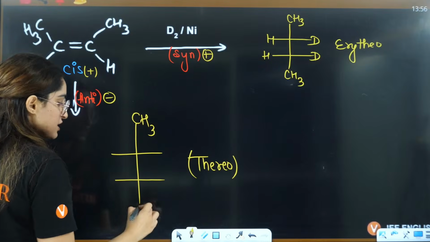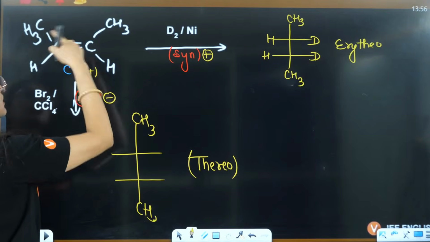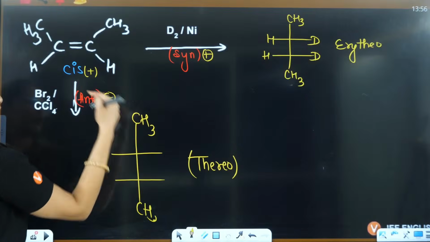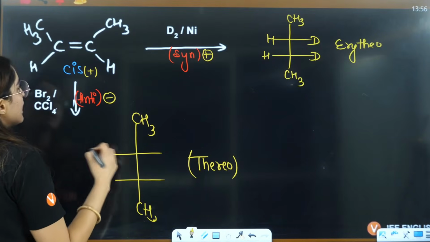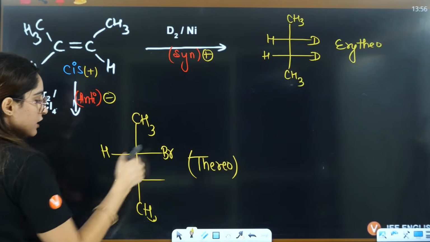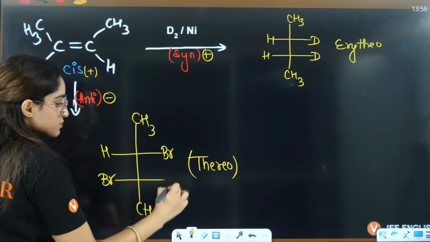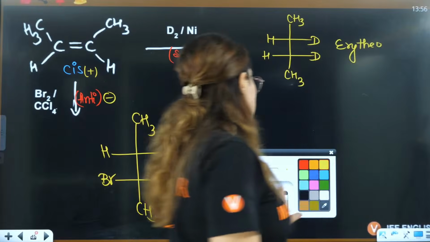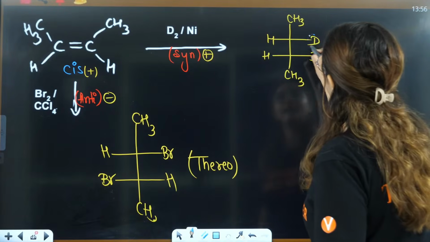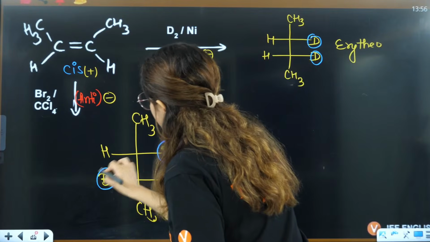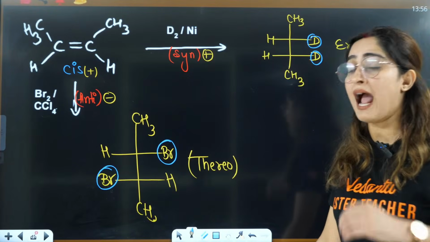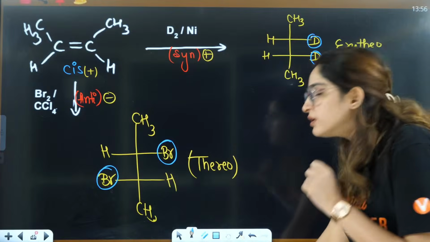This will become CH3, CH3, 1, 2, 3, 4, 1, 2, 3, 4. To this carbon, you have the attachment of hydrogen and one Br is added. One Br is added on the opposite position here because this is a threo product.